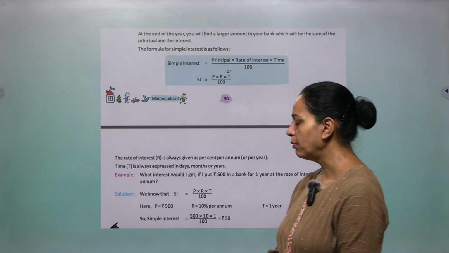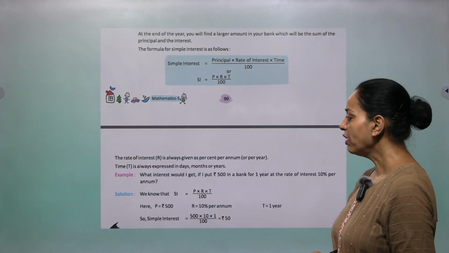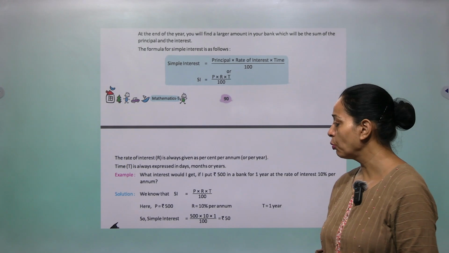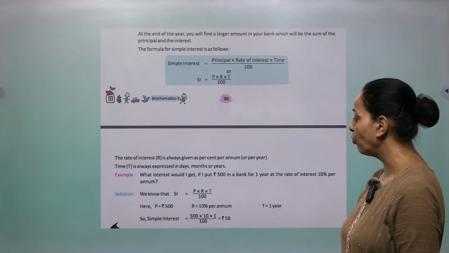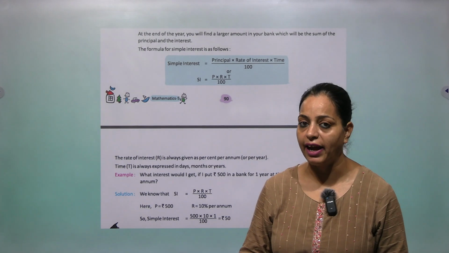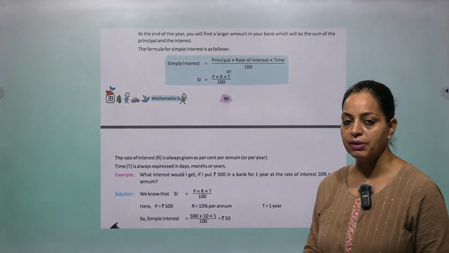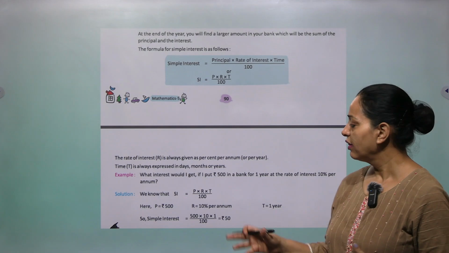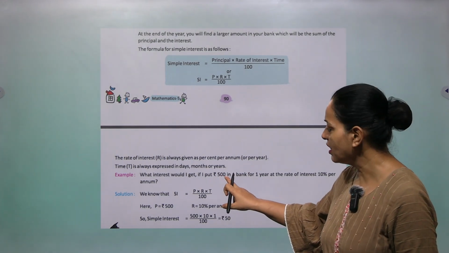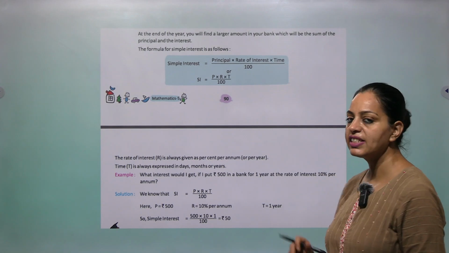Now let's do an example, it will be more clear to you. What interest would I get if I put rupees 500 in a bank for 1 year at the rate of interest 10% per annum? This money is principal, whatever we deposited, that is the principal. So P is rupees 500, time is 1 year, and the rate is 10%.